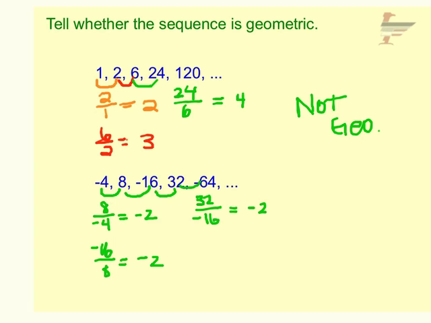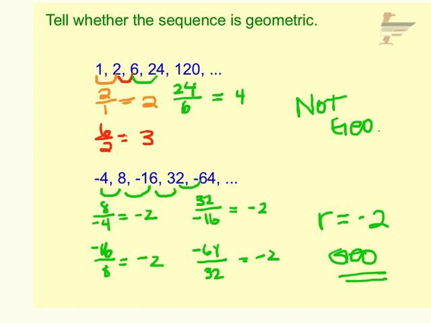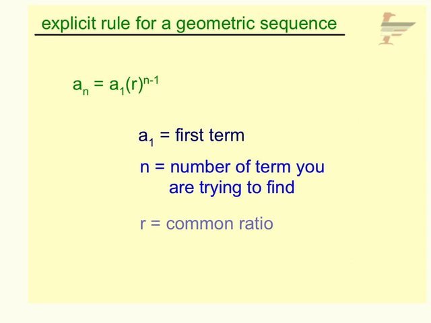Then you might as well just keep going through the whole thing just in case they throw you a little curveball at the very end of your sequence. But they didn't this time, and you can see all of those ratios are the same, so that's a common ratio. So your ratio is -2, which means, because it was common, this is a geometric sequence.